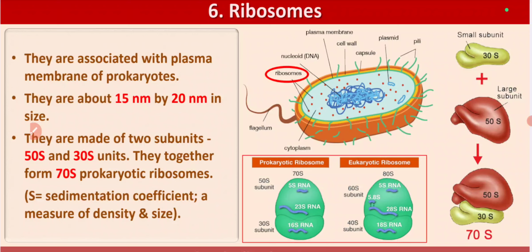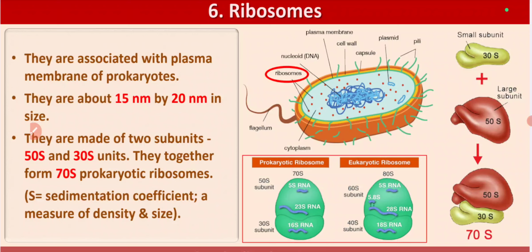You do not have to add 50 plus 30 to get 80. Just remember there are two different subunits of the prokaryotic ribosome: one is the 50S or larger subunit and the other is the 30S, the small subunit. Both together form the 70S prokaryotic ribosome.